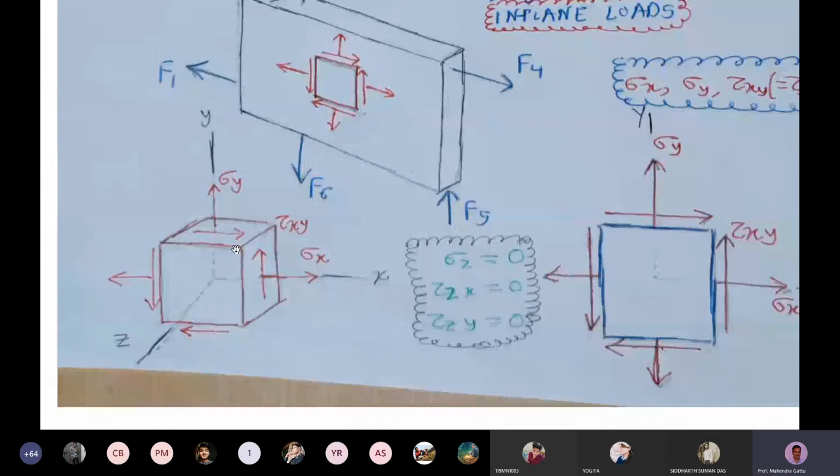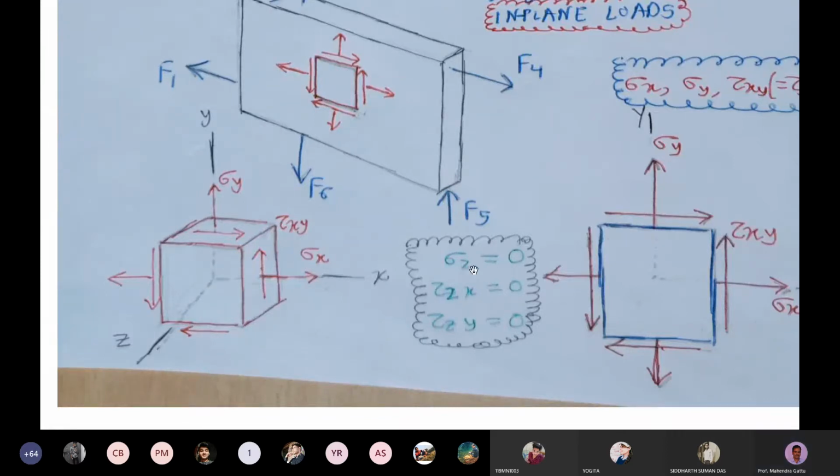If you look carefully, we are missing some stress components. What are the stress components we are missing? If you look at the front face and the rear face, the faces which are parallel to the xy plane, there are no stresses there. So we don't have the z component stresses on these faces.